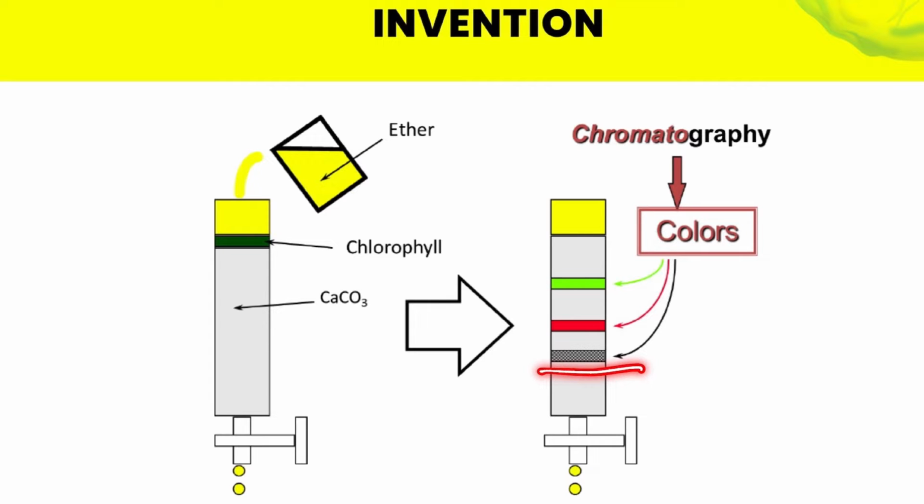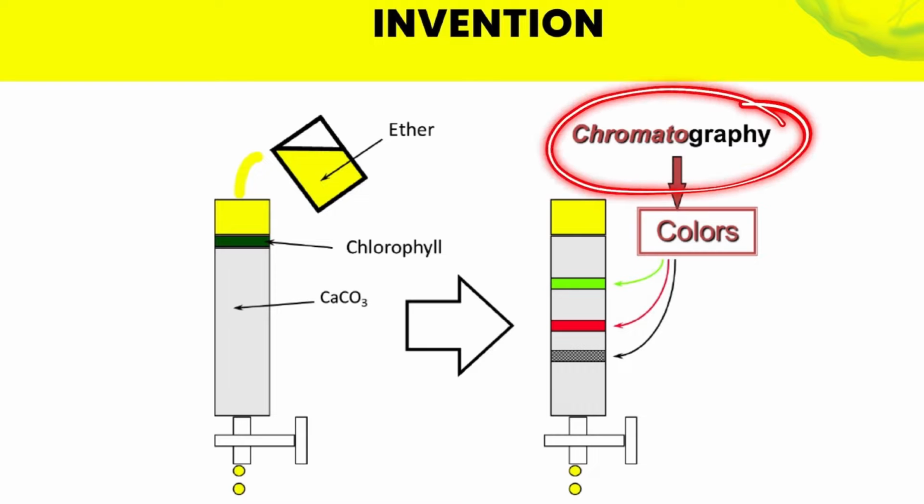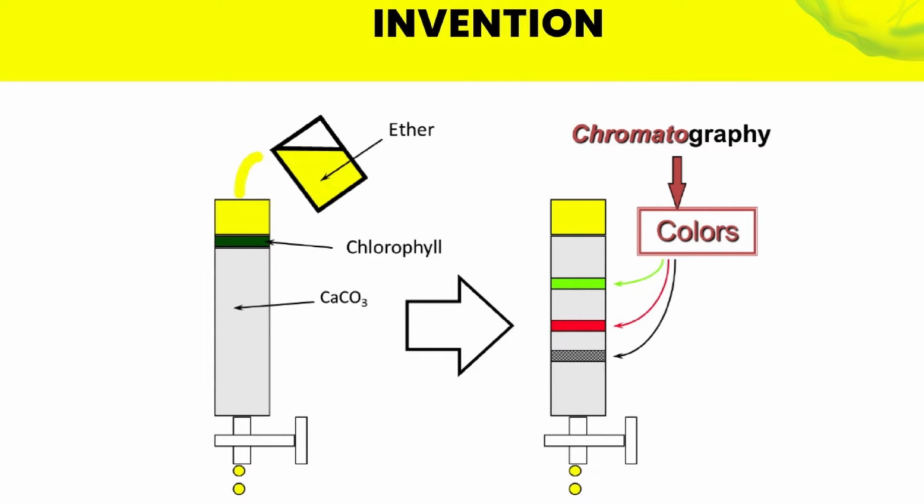Here, this black and white compound has moved to a greater extent, so it has less interaction with calcium carbonate and more interaction with the ether, whereas this green compound has moved less downward, which means it has more interaction with calcium carbonate and less interaction with ether. In this way different colors were formed, and hence the word chromatography came into existence. So this is the first experiment in which this technique got invented.